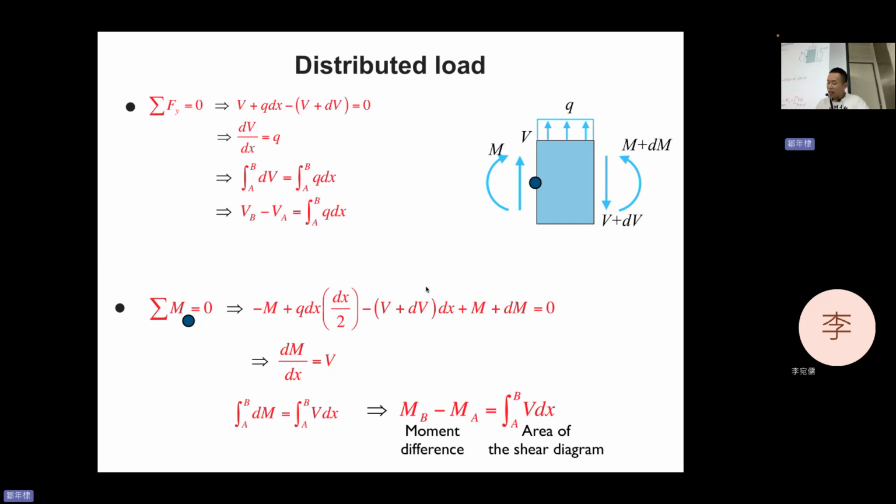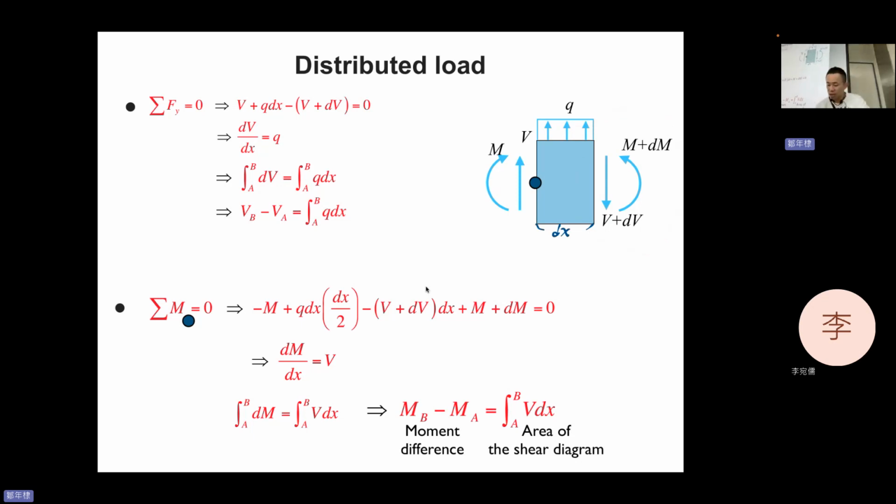Consider one small section with the width dx. If we move forward dx, and this dx has the distributed load q, what will it affect to the shear and moment after dx distance?